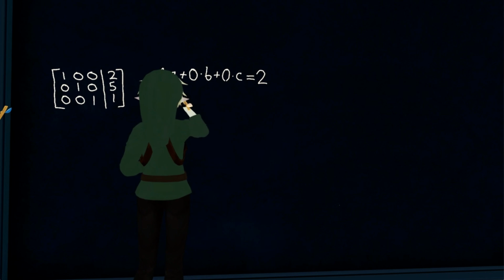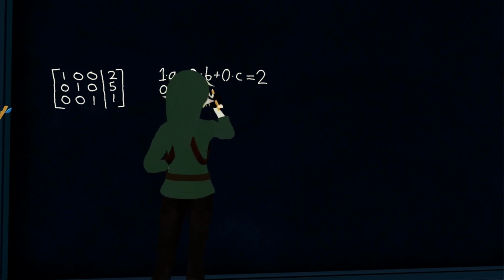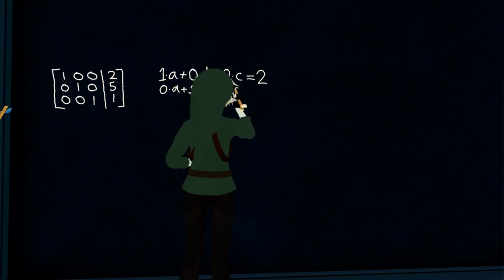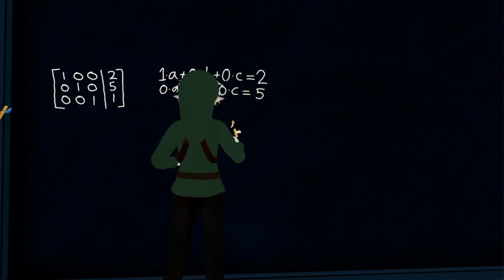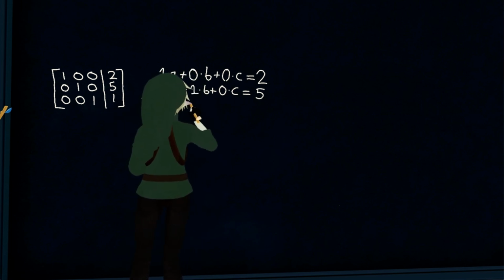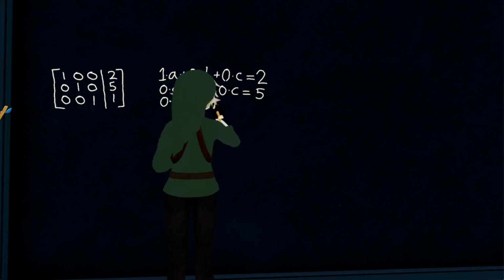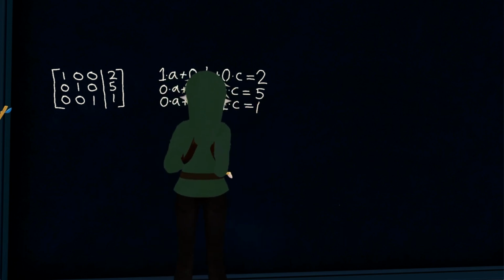We have 0 times A, 1 times B, and this is 5. We have 0 times A, 0 times B, 1 times C is equal to 1.